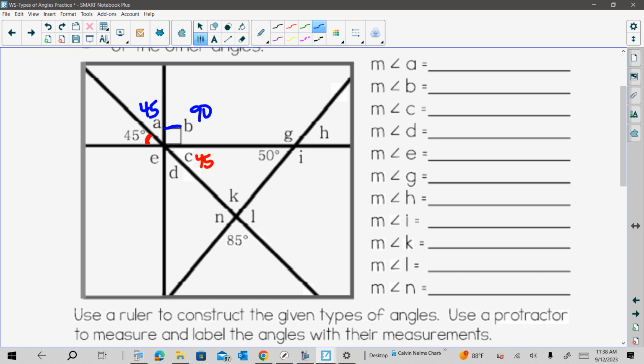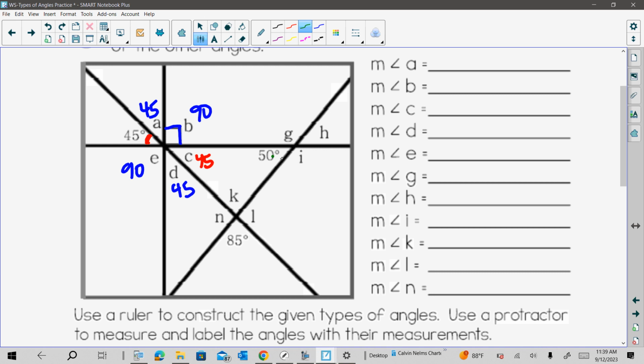They gave us a box, right? So we know that's 90. So we should know the other ones now. What is E? 90. It is also 90. What is A and D? 45, because they're vertical. Okay. So when I go over here to the 50, right off, what do we know?